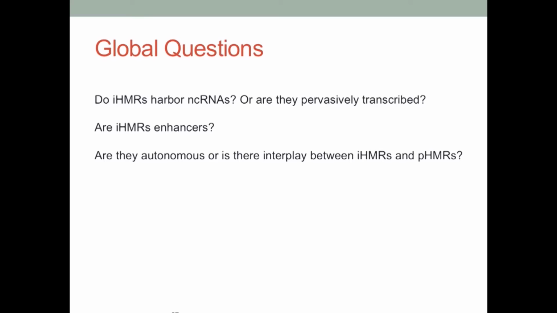Are IHMRs enhancers? How do IHMRs actually interact with PHMRs? Promoter HMRs is what a PHMR is. I'm going to use the HMR term a lot, so sorry. How are IHMRs actually involved in gene regulation? These are all things that I will talk about after the break. So, thank you.